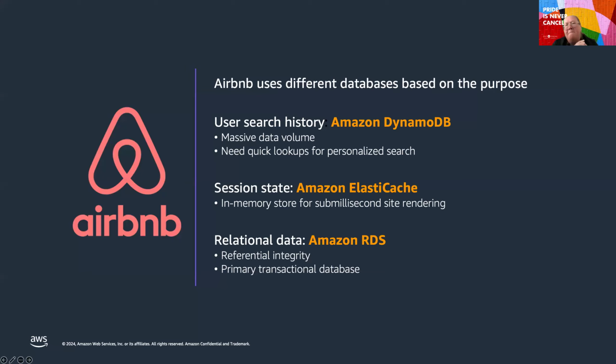So they have a massive data volume of users going through Airbnb and looking at, oh, I would like to go there. And then it might suggest, hey, are you still thinking about traveling to Rome? We have a really nice suggestion for you based on what we know about you, what you have rented before, and what you have searched for. But that search and that capability has to be fast.